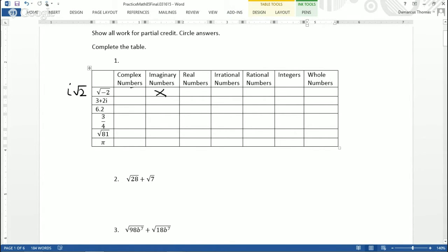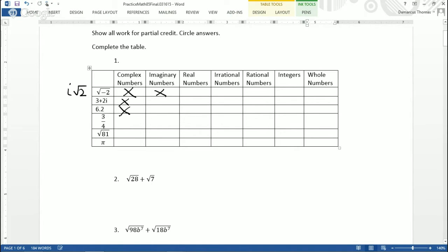By default, it is also complex, because the complex number system contains all of the imaginary numbers. Imaginary numbers are of this type. It's not real, and therefore it's not anything else. Second, we have a complex number that has both a real part and an imaginary part, and therefore it is a complex number. It is not an imaginary number, though.